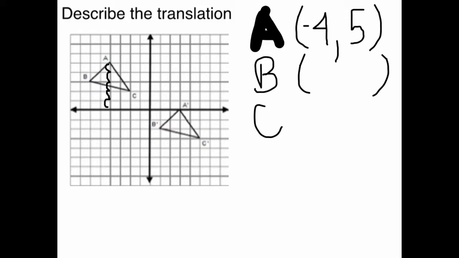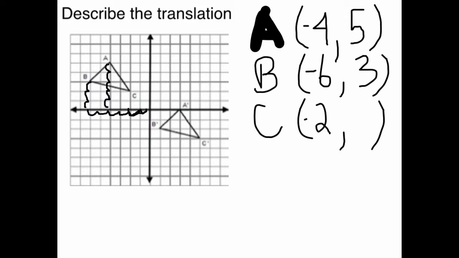And then my coordinate for B: my x-coordinate is -6, and my y-coordinate is 3. And then my coordinate for C: my x-coordinate is -2, and my y-coordinate is 2.